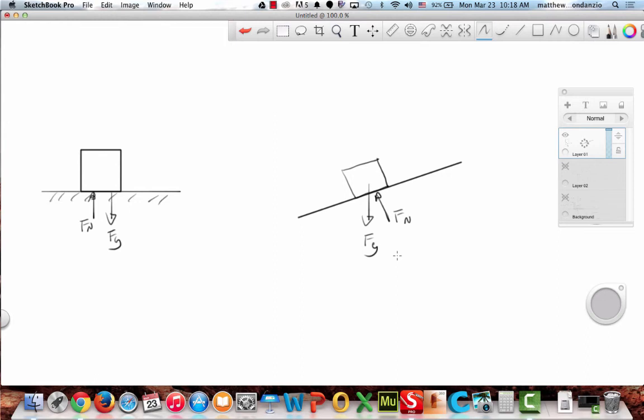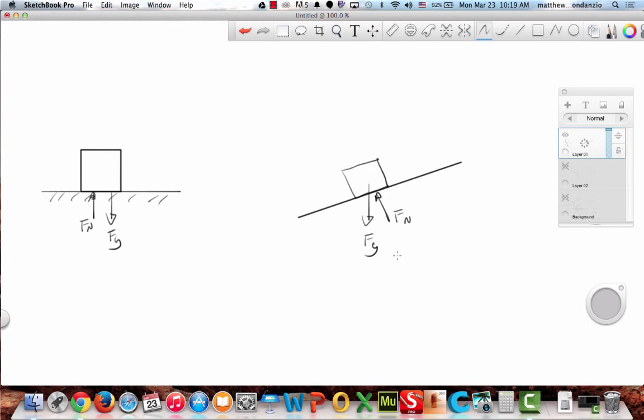Let's think about this physically. If I have an object, scrubbing bubbles, let's do that. Can you hold that? Just hold it still. Right now, scrubbing bubbles is sitting on the ruler.